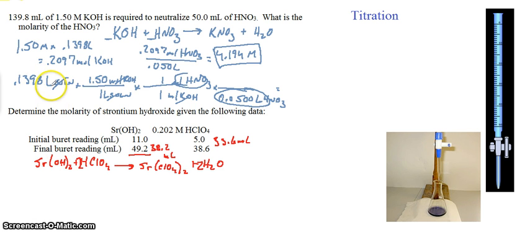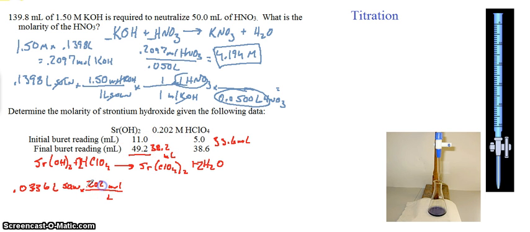Again, going back to the dimensional analysis, and I can go that way for the whole thing. Start with what's given. I know that I had 33.6 milliliters, or 0.0336 liters, and this is of my HClO4 solution. I'm just going to do solution here, times, and again, liters, moles, my molarity is 0.202.